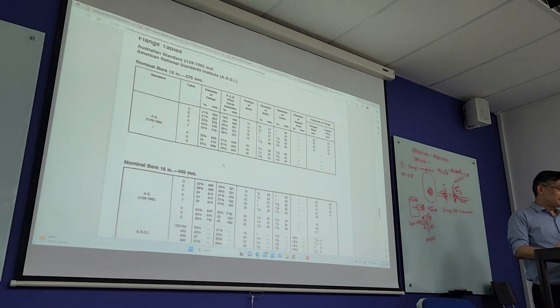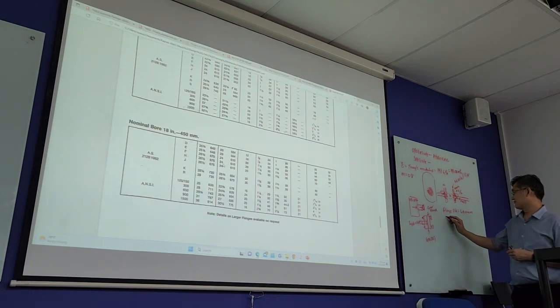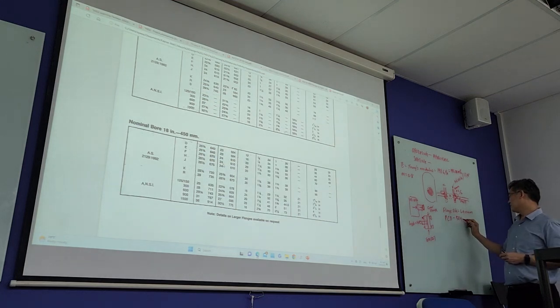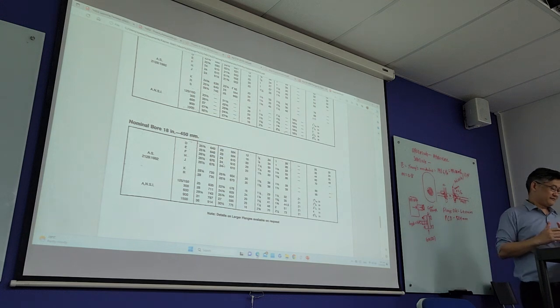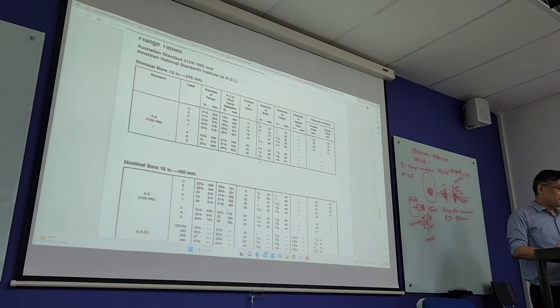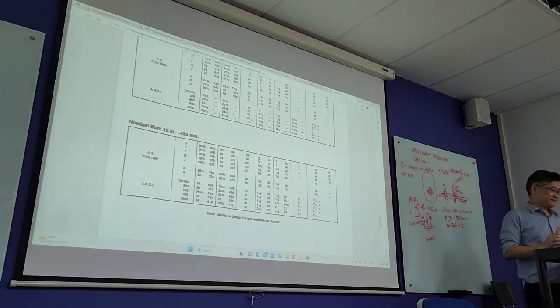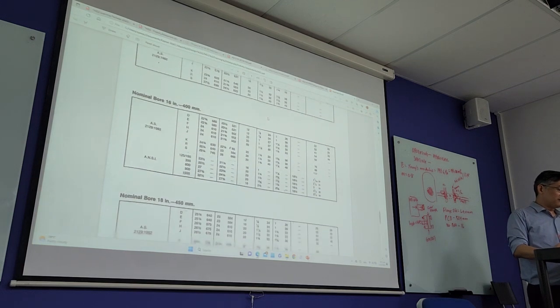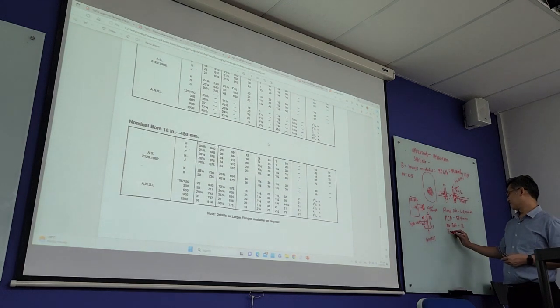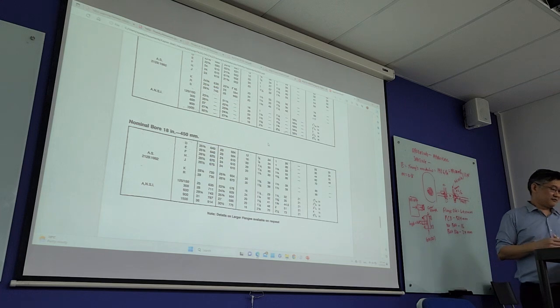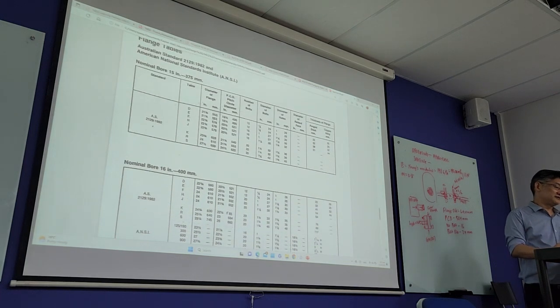After that, pitch circle diameter 584. All this is important because without this you cannot do your question. How many bolts? 16. Diameter of bolt 24 mm. And the diameter of the hole 26.